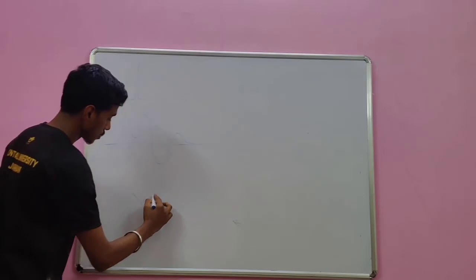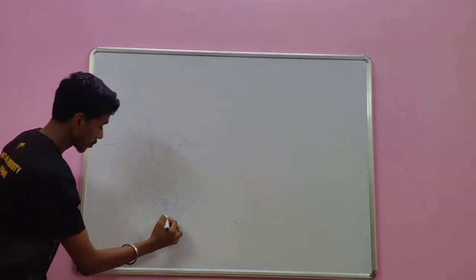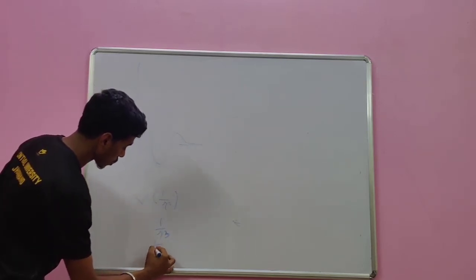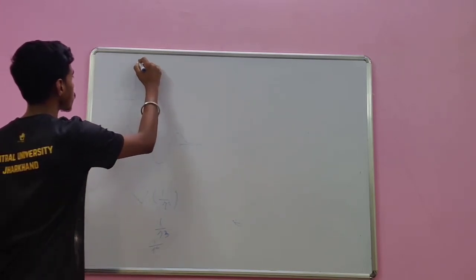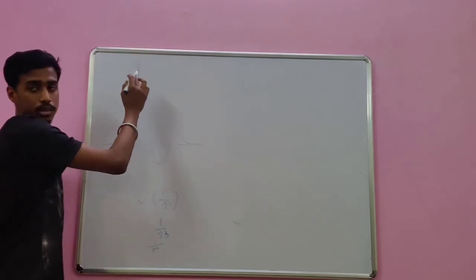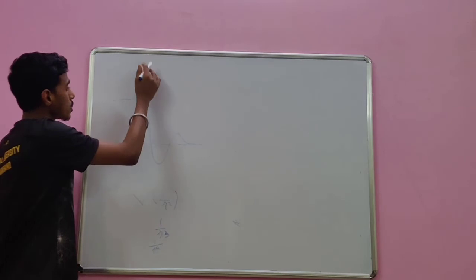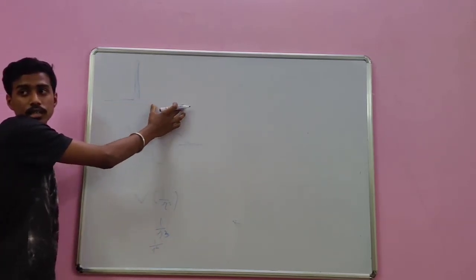These are 1 by r square type, 1 by r cube type, and 1 by r4 type. From theory we know that at a certain point there will be a peak for the delta function, but after this point there will be no probability of getting the particle there.